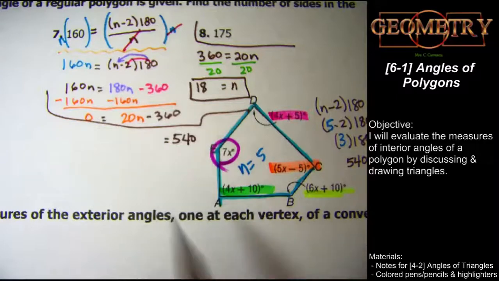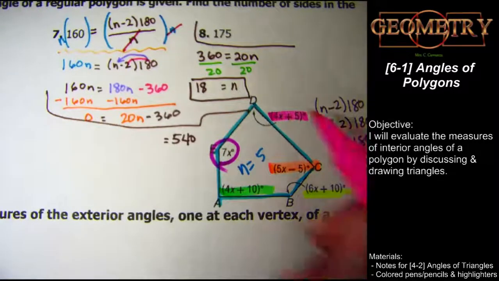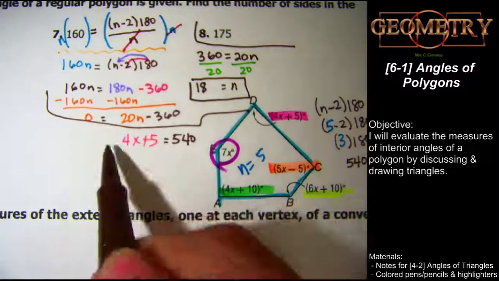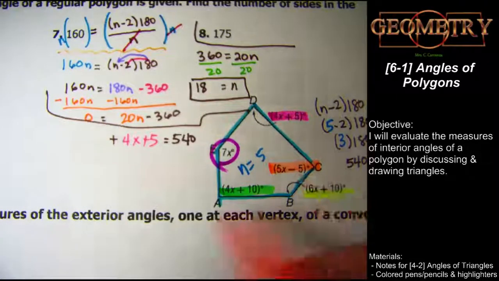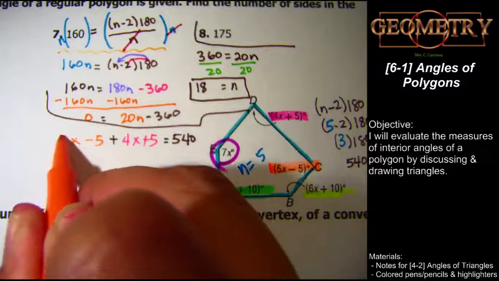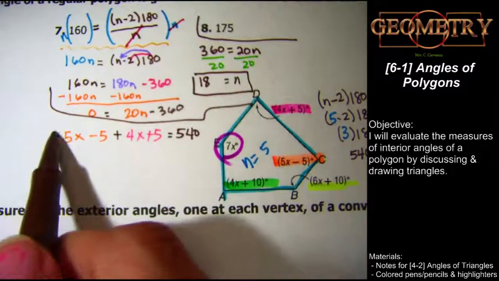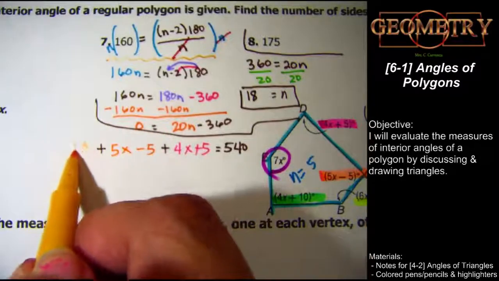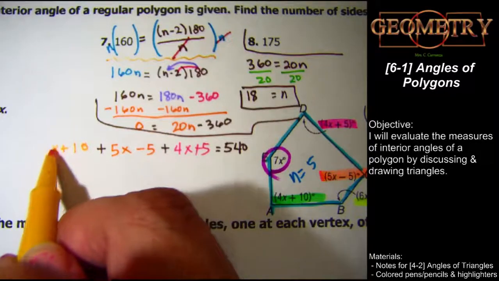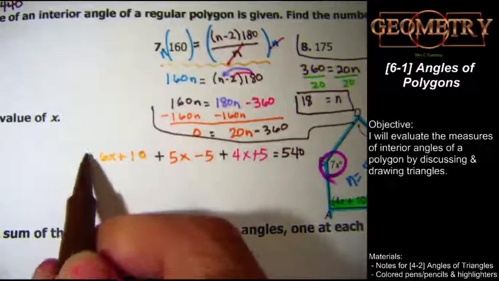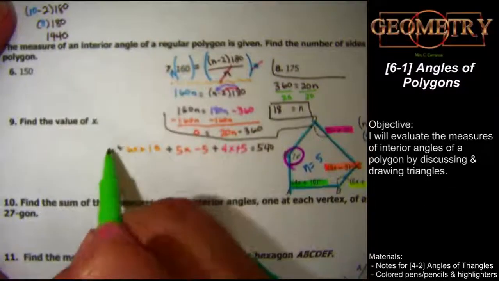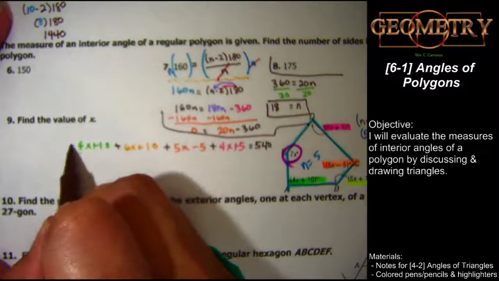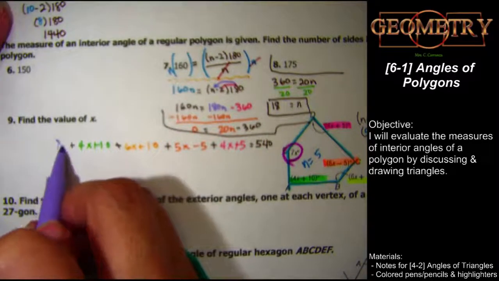540 is whatever I get when I take this angle and add it to this angle, when I add it to this angle, when I add it to this angle, when I add it to this angle.